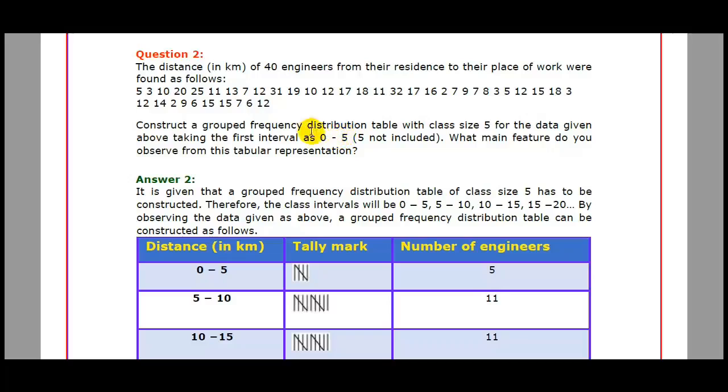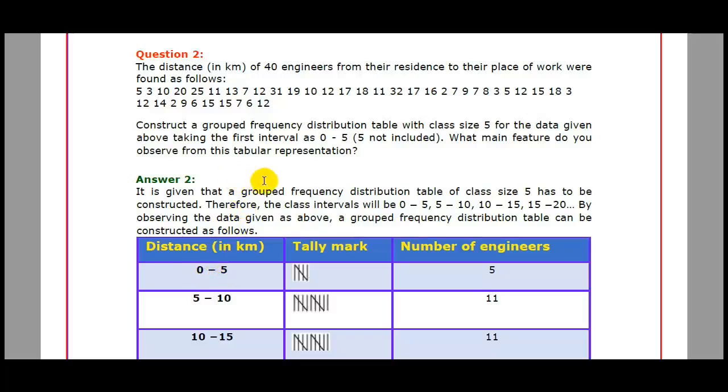By convention, this 5 will be included in the next class, 5 to 10, and it will not be included in the class 0 to 5.